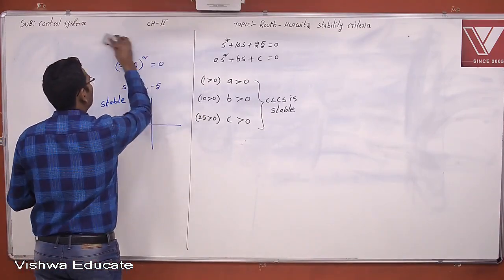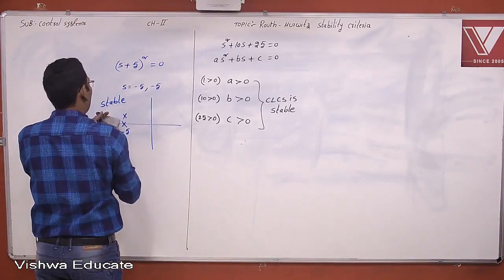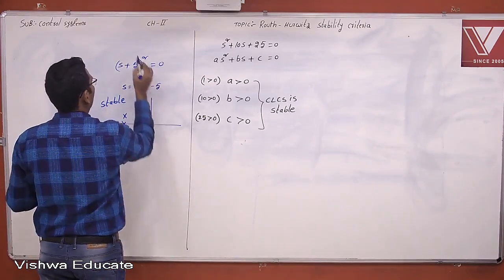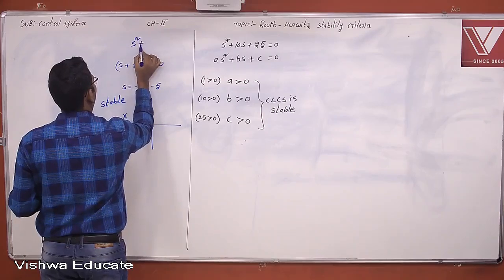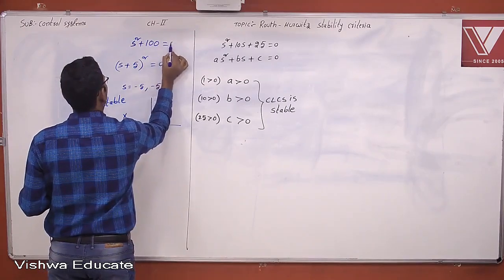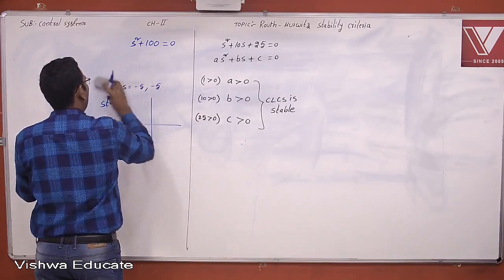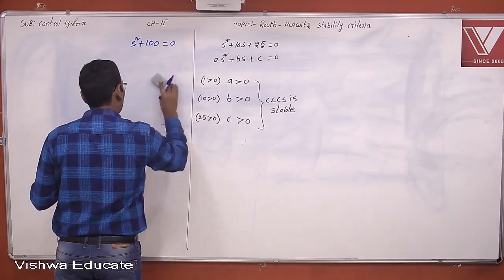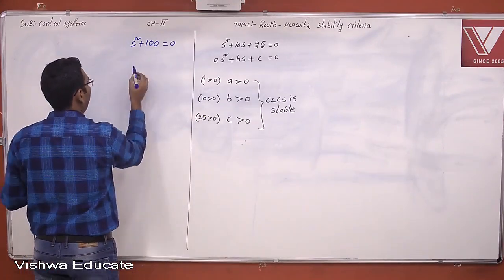Clear now? This shortcut method you should follow for order 2. Now s square plus 100 equal to 0. This is also order 2, very easy. For order 2 there is no need of doing anything. We have the roots available.